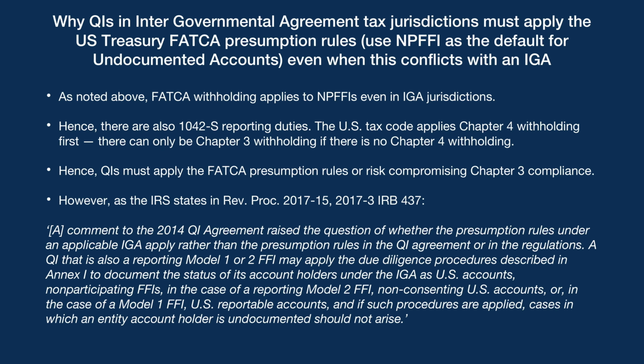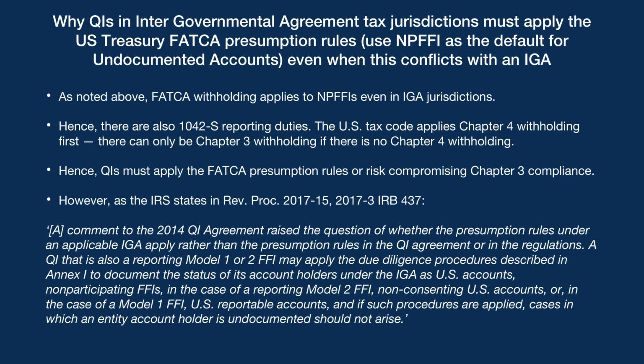A QI that is also a reporting Model 1 or 2 FFI may apply the due diligence procedures described in Annex 1 to document the status of its account holders under the IGA as US accounts, non-participating FFIs, in the case of reporting Model 2 FFIs, non-consenting US accounts, or in the case of Model 1 FFIs, US reportable accounts. And if such procedures are applied, cases in which an entity account holder is undocumented should not arise.